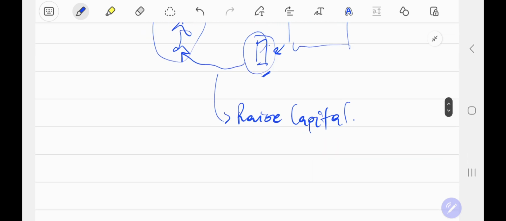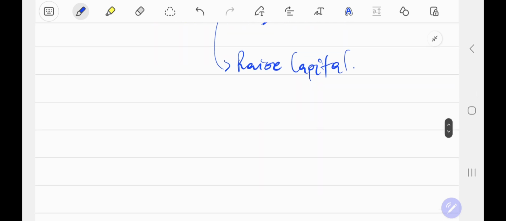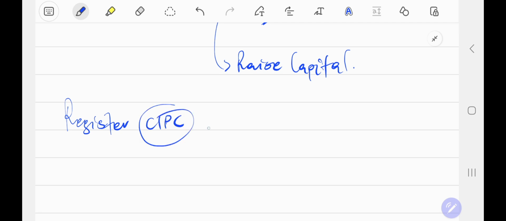If you think about the process of issuing shares, there are certain things that the company will do to issue shares to the public. First of all, when a company is incorporated, when the company started, you need certain things. You need to register with CIPC. So the company would have to register with CIPC, and upon registration you need to submit documents such as the memorandum of incorporation.